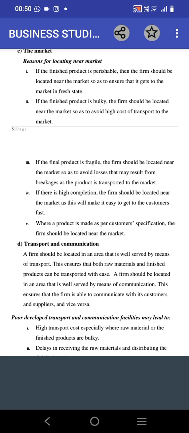If you have these goods, you want to take them quickly to these customers so they get these goods fast. Where the goods are made per customer specification, the farm should be located near the market.